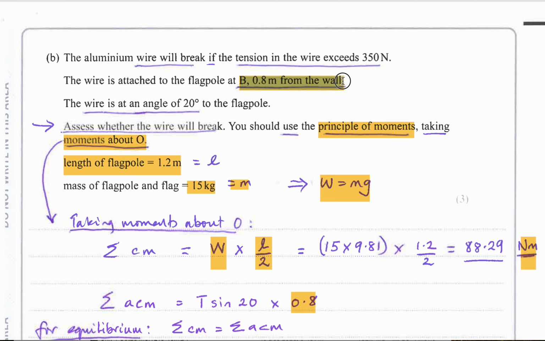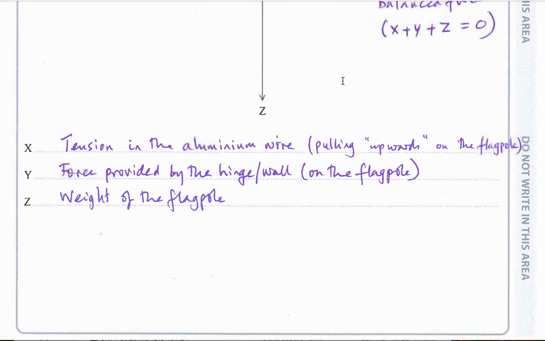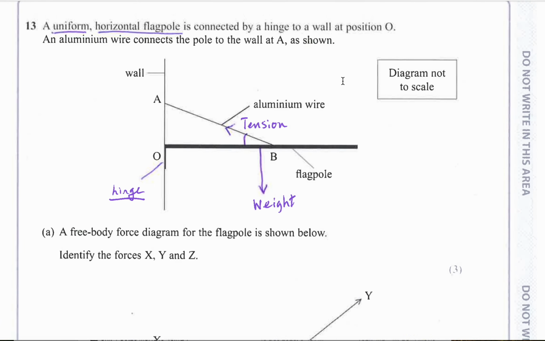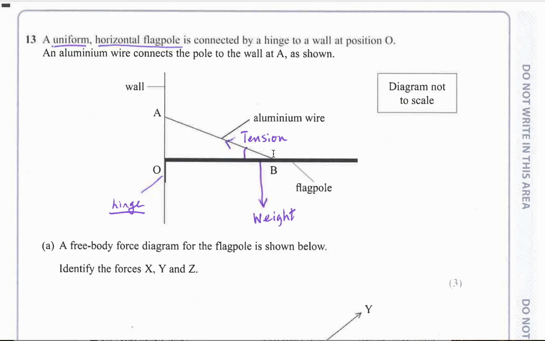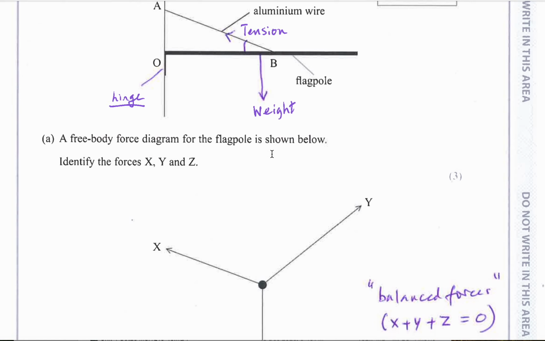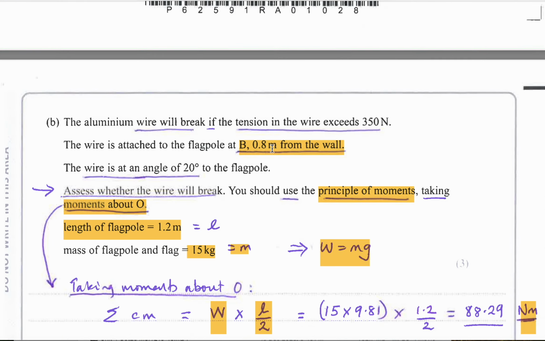So you basically want the vertical component of the tension, which would be T sine of this angle. They told us this angle here is 20 degrees. So T sine 20 is the projection of this tension in the vertical direction. Okay? So that's why it's T sine 20.